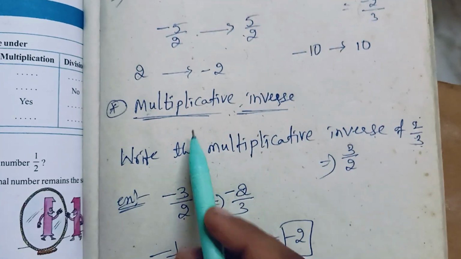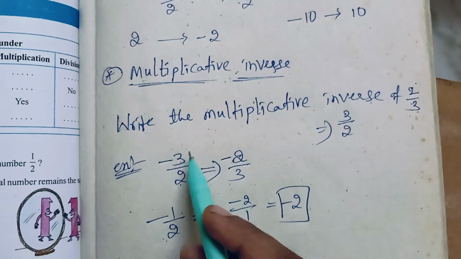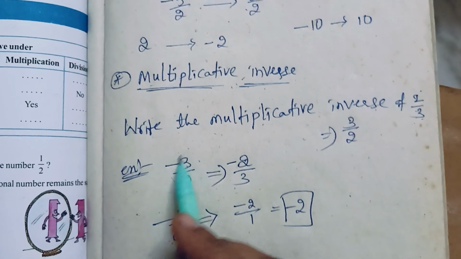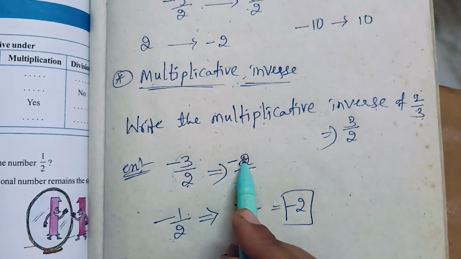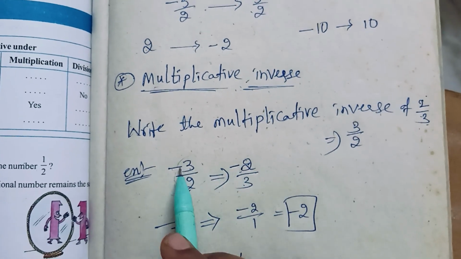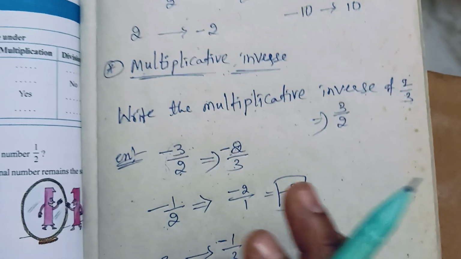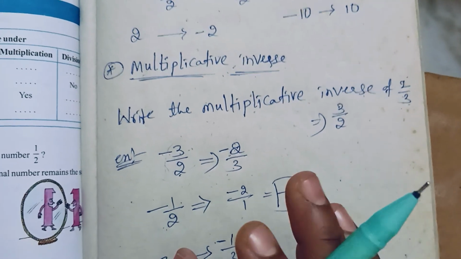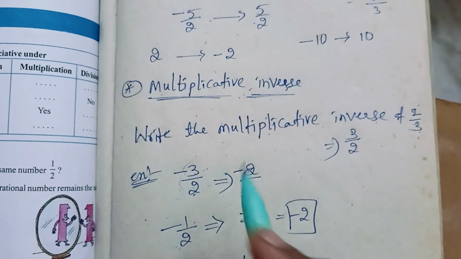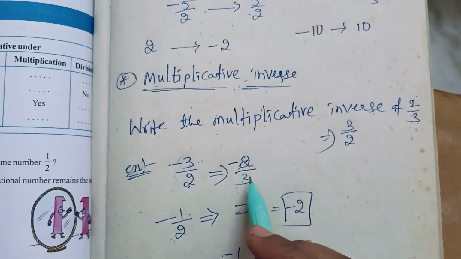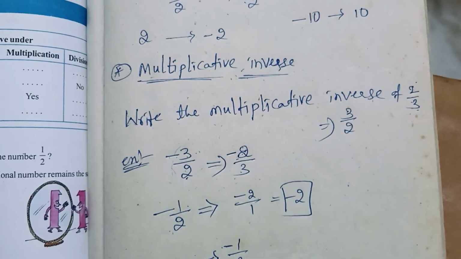Now if it is a multiplicative inverse, here we have to focus on the numerator and denominator. So if it is 3 by 2, we write 2 by 3, but the minus symbol we keep as it is. No need to change the sign. If it is a negative fraction, the multiplicative inverse will also be a negative fraction, but the numerator and denominator are swapped.